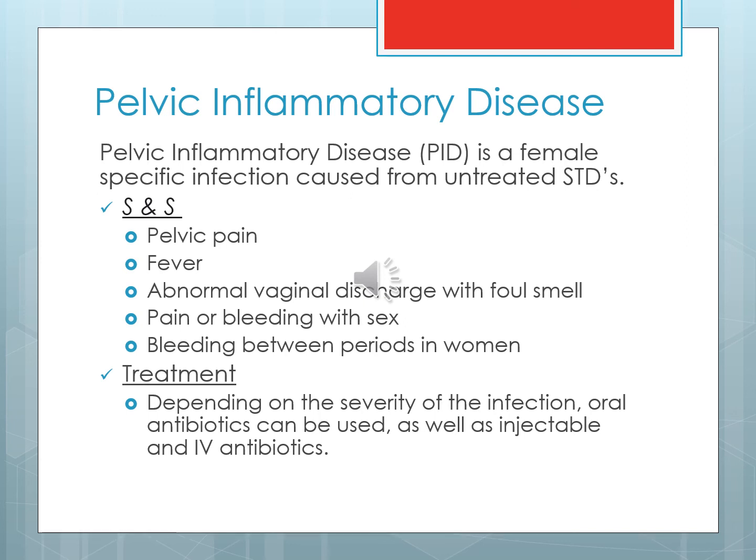They definitely have an abnormal vaginal discharge with a foul smell. They may have pain or bleeding when they have sexual intercourse, and they bleed between periods. The treatment for this one depends very much on the severity of the infection. Sometimes oral antibiotics can be used, but other times we even have to use IV antibiotics in a hospital setting to get rid of this STD.